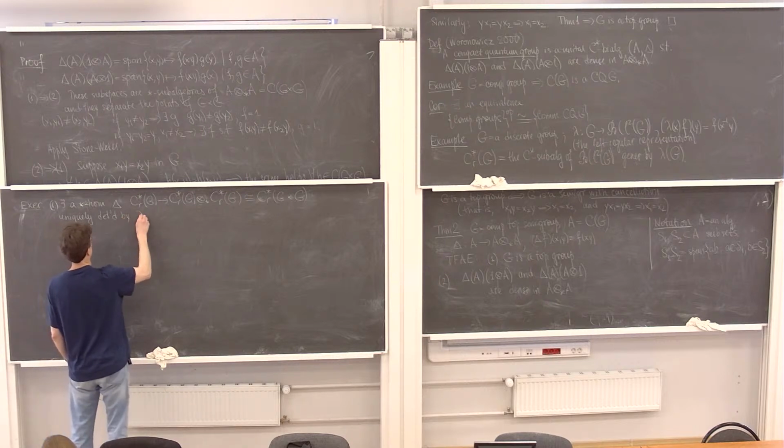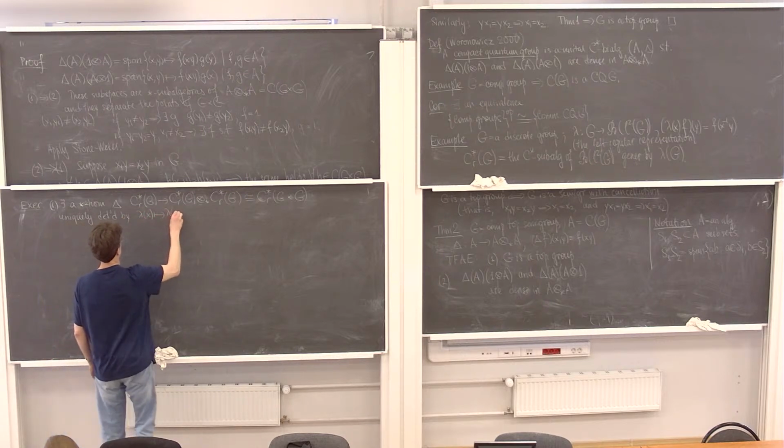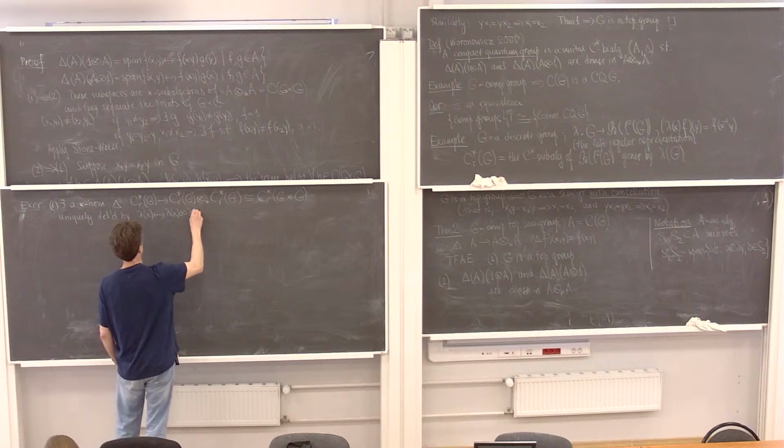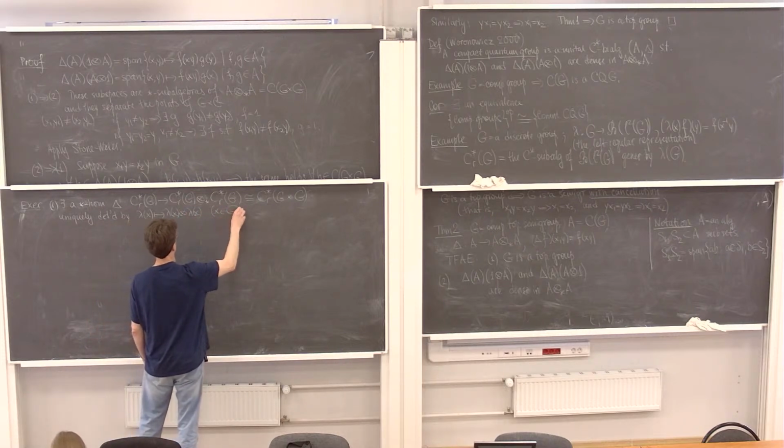It takes lambda of x to lambda of x tensor lambda of x for every x in G.